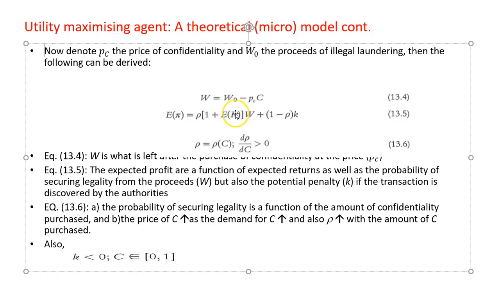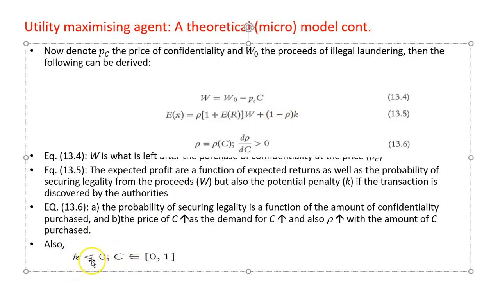confidentiality purchased. And added to that is the probability of not obtaining legality times K, which is the punishment, because if they've not obtained legality, they've been discovered as being illegal and therefore are punished. So this is going to be negative, as it notes down here.